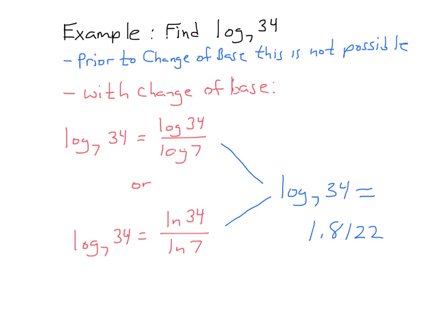You can get that by putting it into your calculator. Also, remember when you put it into your calculator, make sure to close off the parentheses. Your log command keys will put an initial parenthesis there. If you don't close it off, it will cause problems, and that could give you the wrong answer as well.